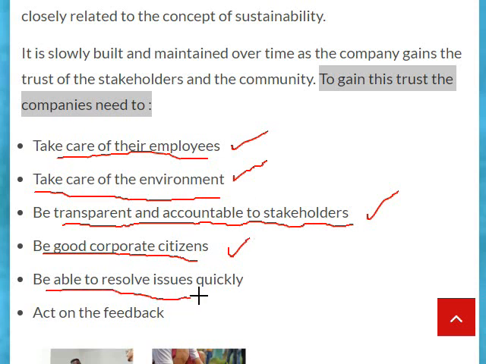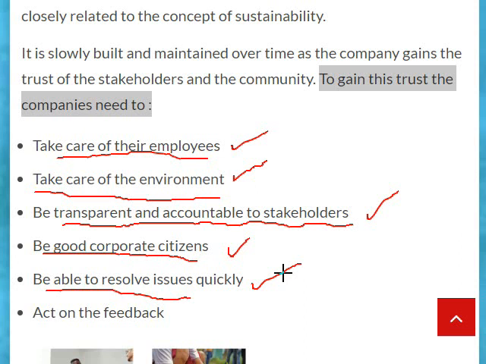And then, be able to resolve issues quickly. If, for example, some issue comes up, it is important that the company reacts to that problem, or tries to resolve it, as quickly as possible.